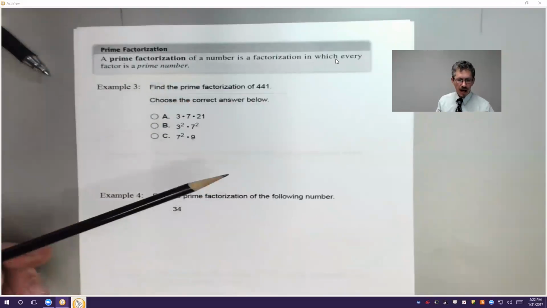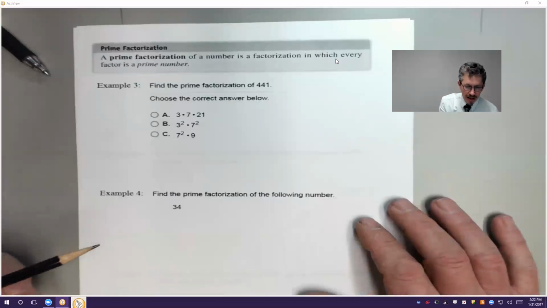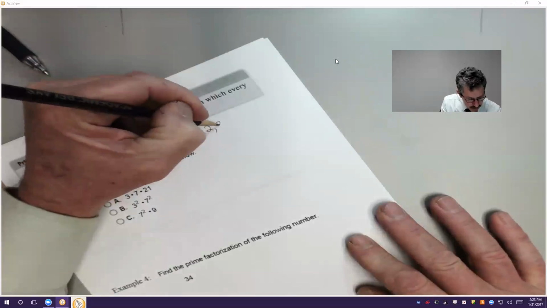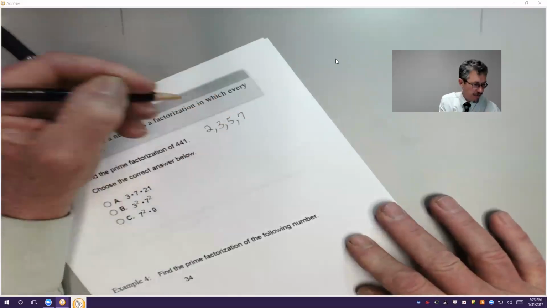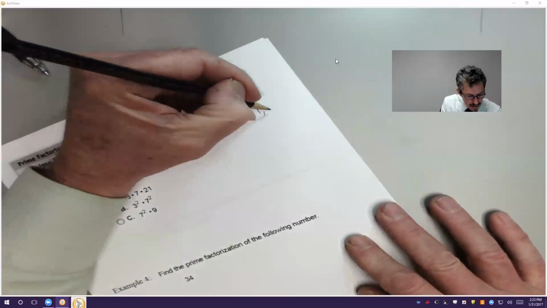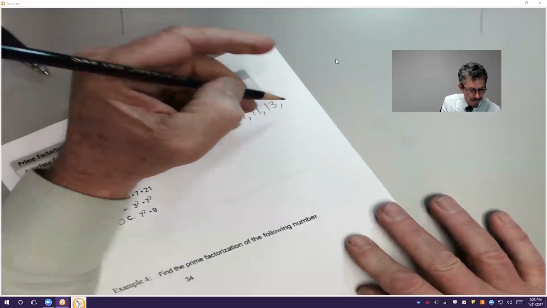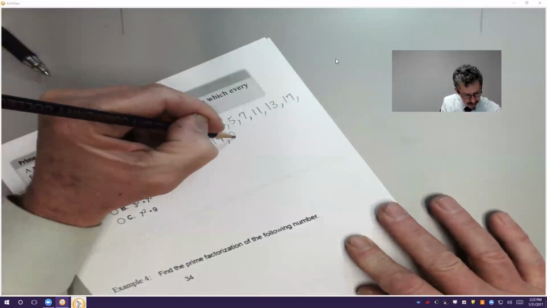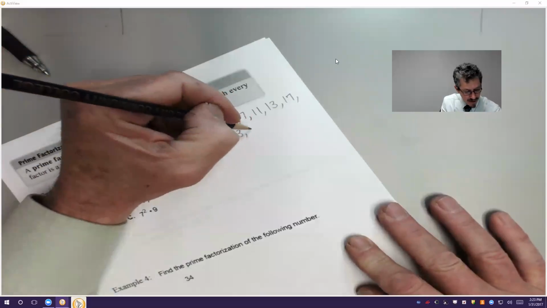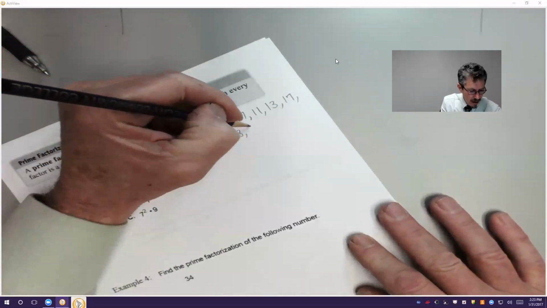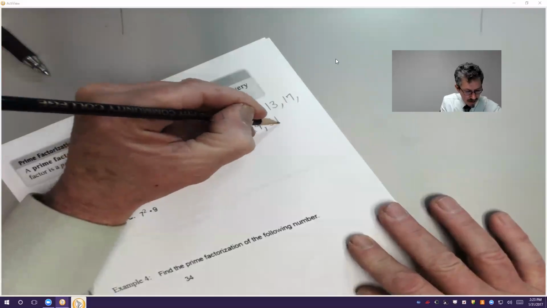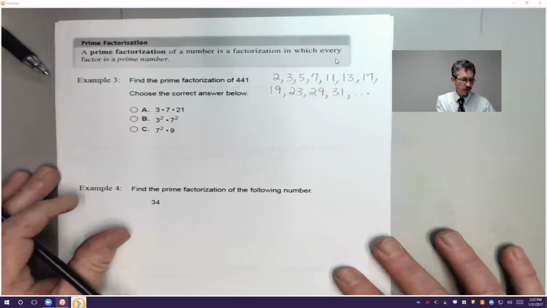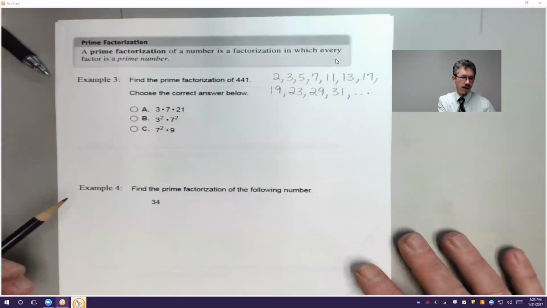So to be able to do these type of problems, sometimes it's helpful to go ahead and list out the first 10 or 15 prime numbers, which I'll do. 2, 3, 5, 7, skip 9, 11, 13, skip 15, 17, 19, skip 21, 23, skip 25, skip 27, that's 9 times 3, 29, 31. For 99% of these type of problems, this will be enough.